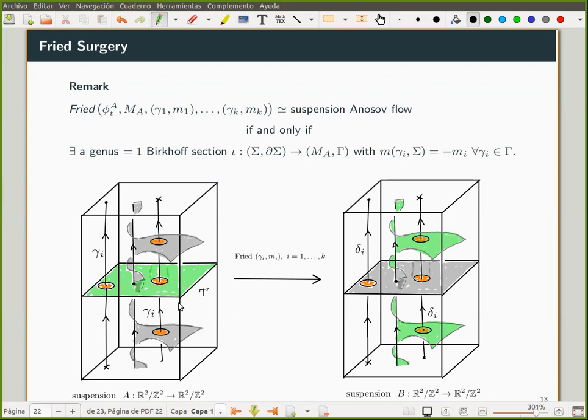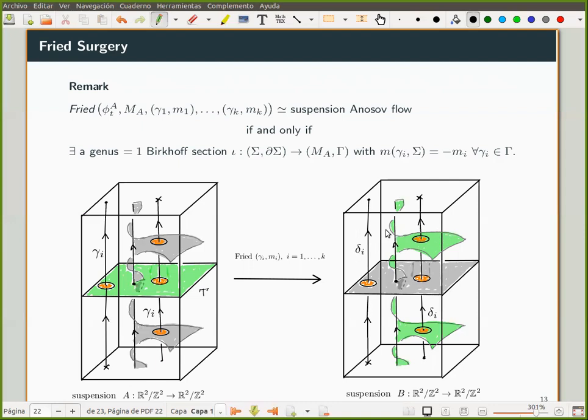Well, assume that there is some finite set of periodic orbits and integer numbers, such that if we make Fried surgeries along this finite set of periodic orbits with the indicated integer parameters, we obtain another flow.